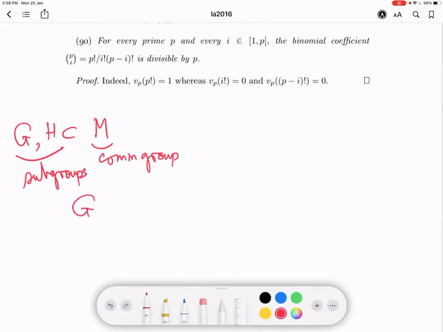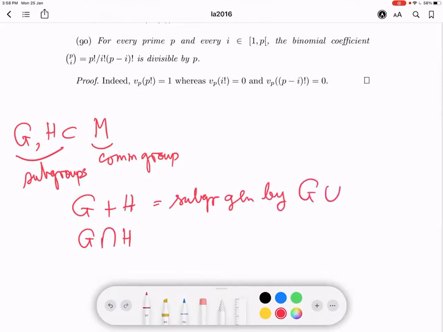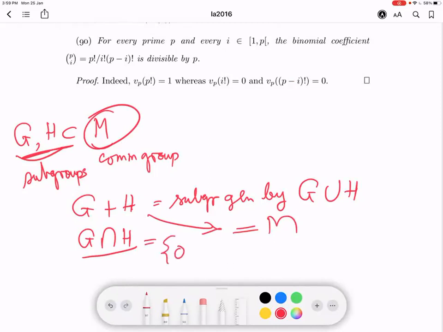Then you have the subgroup G plus H, and you have the subgroup G intersection H. G plus H is the set of all sums, the subgroup generated by G union H. You say that M is the internal direct sum of G and H if G plus H is actually equal to the whole of M, and the intersection is trivial.